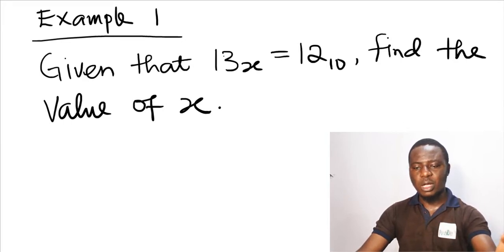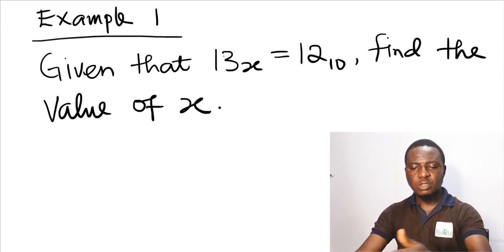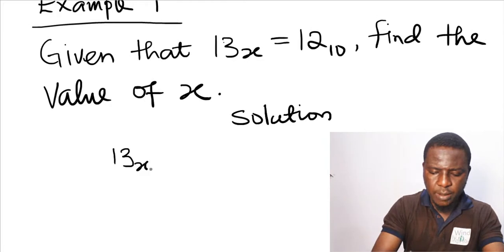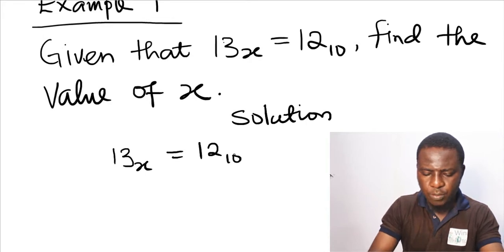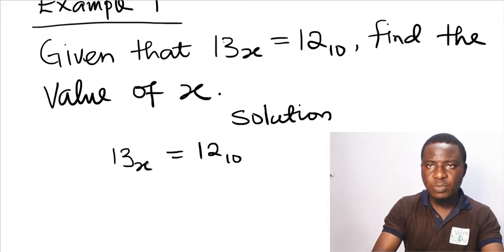It becomes a linear equation or a quadratic equation, as the case may be, and you solve it to find your value of x. So solution: 13 base x is equal to 12 base 10. Since they are in different bases, I won't be able to solve. Using the expanded method, I'm going to convert 13 base x to base 10.